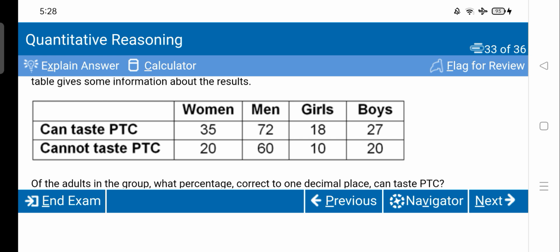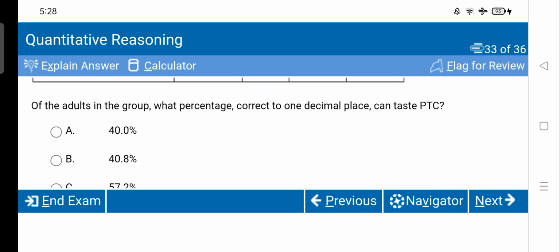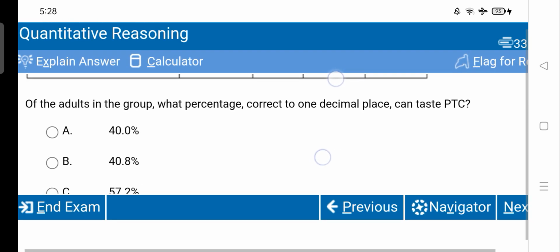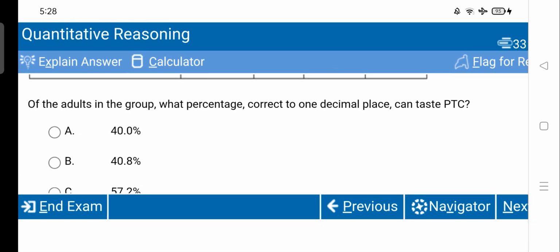So here we have this table: women, men, girls, boys who can taste PTC and those who cannot taste PTC. And the question is, of the adults in the group, what percentage, correct to one decimal place, can taste PTC?